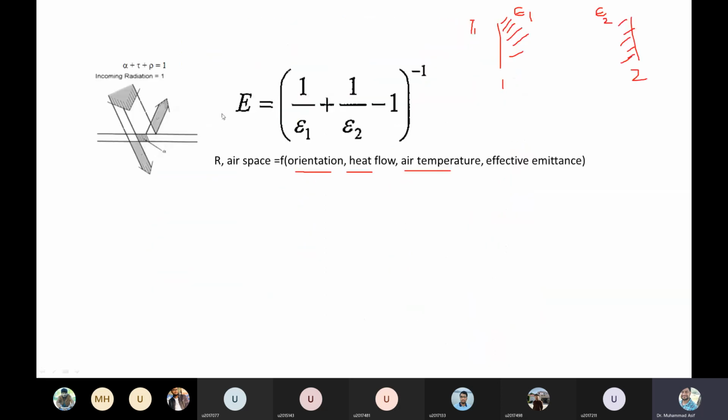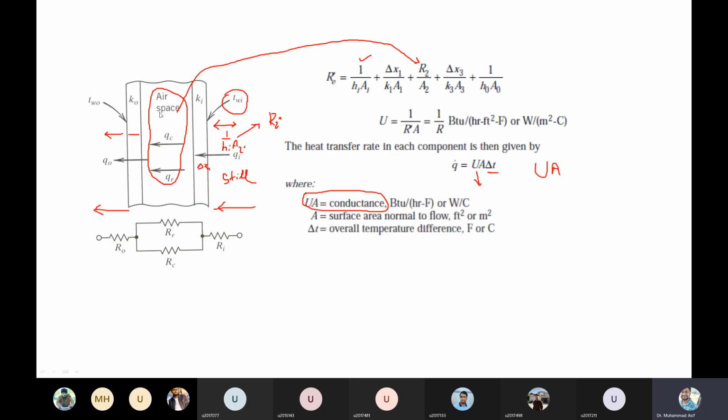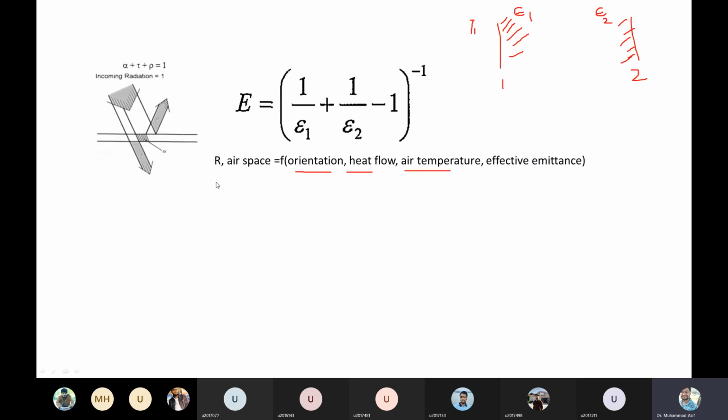As I showed you in the previous slide, this is the airspace resistance. So it is not so simple to calculate the airspace resistance. This is a function of different parameters, for example, what is the air temperature, what is the effective emittance, and the thickness of the airspace.